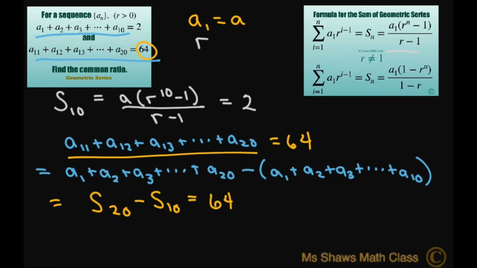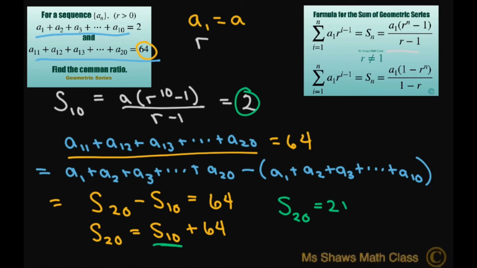So basically S sub 20 equals the sum of the first 10 terms plus 64. Well, the sum of the first 10 terms is 2. So the sum of the first 20 terms is going to equal 2 plus 64, which equals 66.